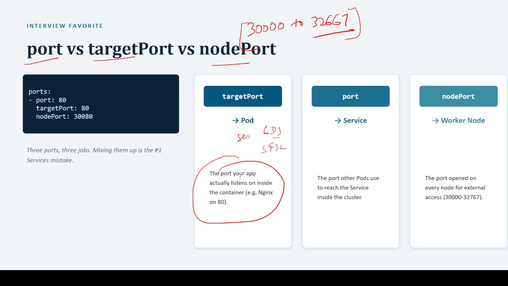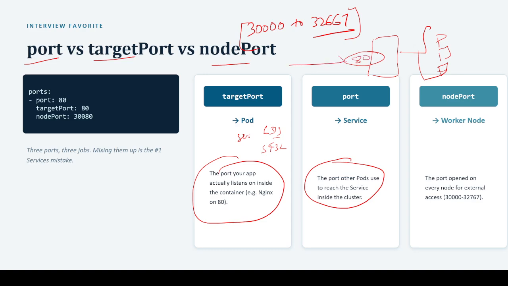These will be the target ports of whatever application is running inside a pod. Port is your service's port. This service also has one port, that is 80, and the traffic will come here first. And nodePort is the port opened on every node for external access. And this is the range: 32767, not 32677. My bad.